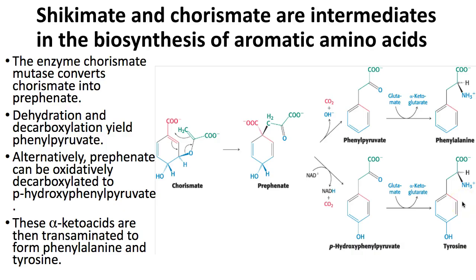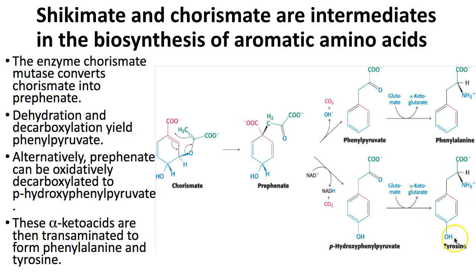the aromatic amino acid. And so you have NAD plus, which does oxidation. So it takes up that hydrogen that's right here, forms this intermediate, and then reacts with glutamate to form alpha ketoglutarate.